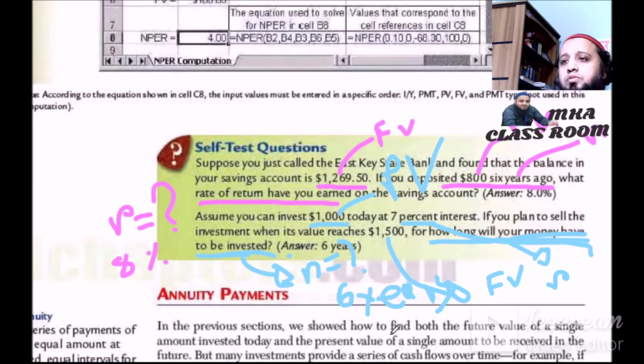So if you invest your 1000 taka at a 7% interest rate in a bank, that 1000 taka reaches 1500 in 6 years. That is our desired answer.